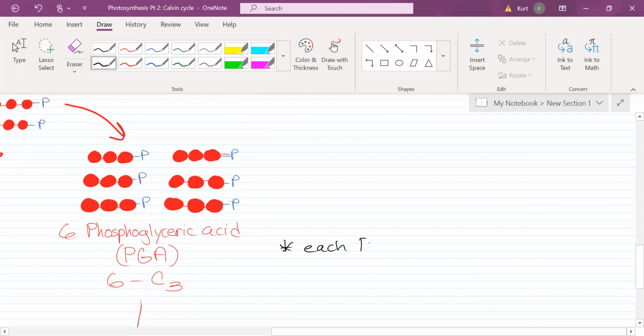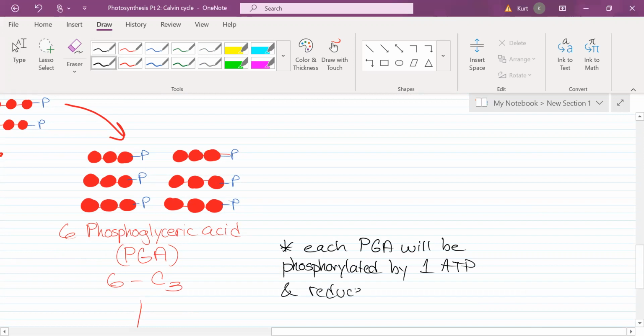Each PGA will be phosphorylated by 1 ATP and reduced by 1 NADPH. So, here's what I'm getting at.